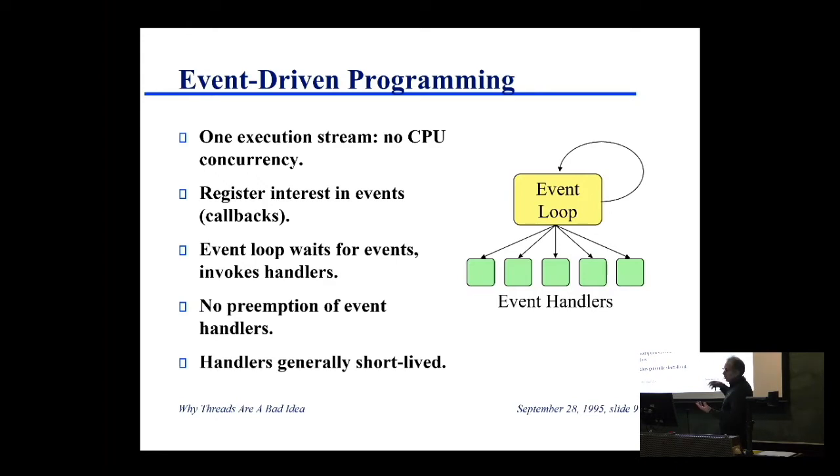I sort of effectively talked about the giant switch statement with the handlers for each event type. The more dynamic event model is that handlers register for event types that they're interested in, and they get a callback from the event loop. So the event loop waits for events and calls the appropriate handler. There's the important bit: no preemption of the event handlers, and handlers are short-lived.